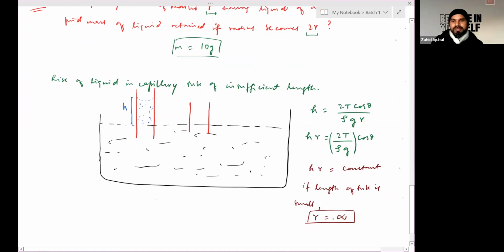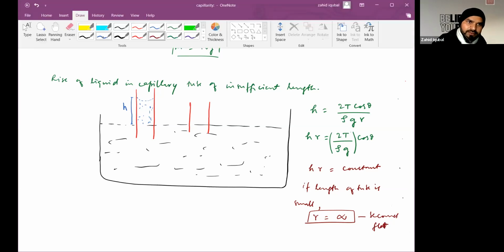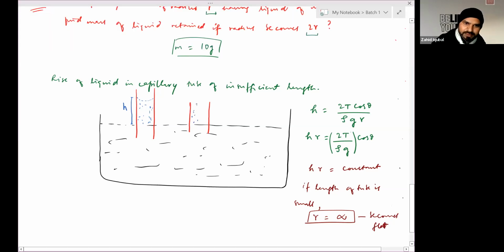So if a dimension of a particular object becomes infinite, it will tend to become flat. So in this part, the level of liquid may rise up to this point, but after it, it will acquire a flat surface, but still won't overflow. Is it clear? Yes, sir.